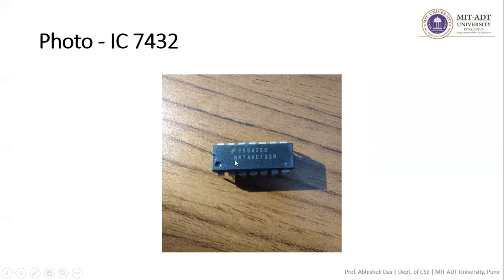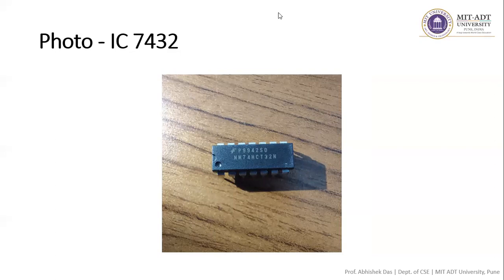Now, one practical application of the OR gate is that it is used in doorbells. In doorbell switches, OR gates are used. I also explained the concept of the AND gate in the last class.